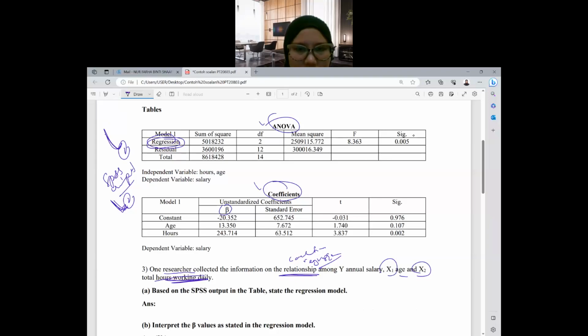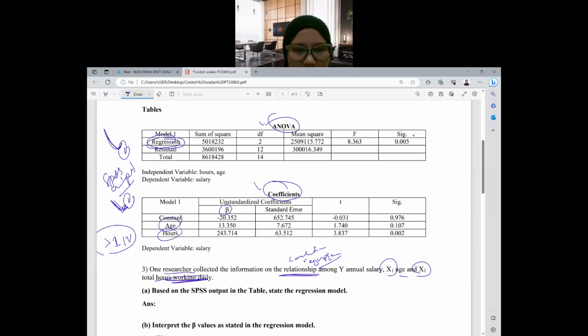But which linear regression should we use? Is it simple or multiple? If we have more than one IV, we need to use multiple linear regression. Here you have more than one IV.